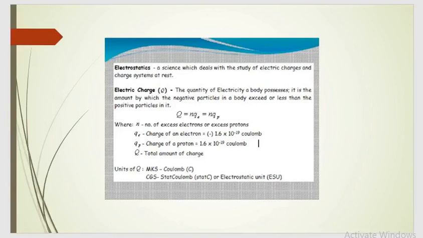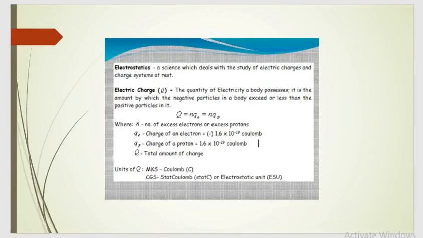It is the amount by which the negative particles in a body exceed or fall short of the positive particles in it. Charges are present everywhere around us, though their presence can only be felt under special circumstances. Electric charge is produced due to friction between our body and some other particle or object.